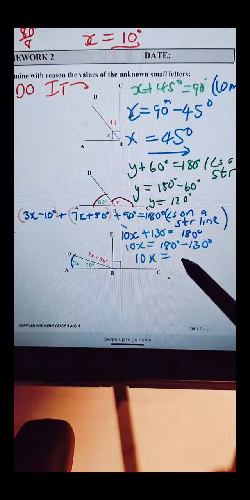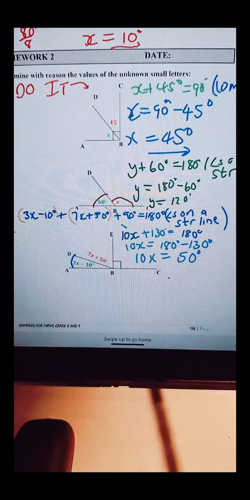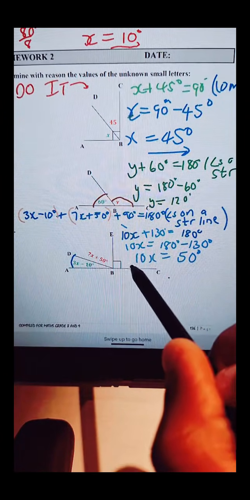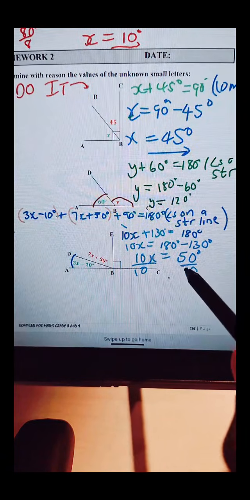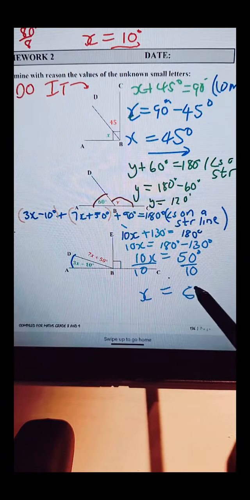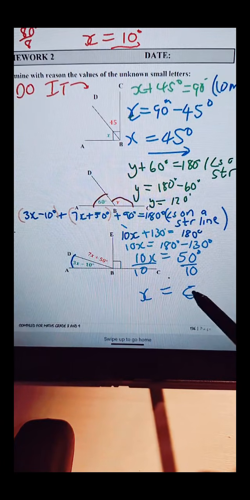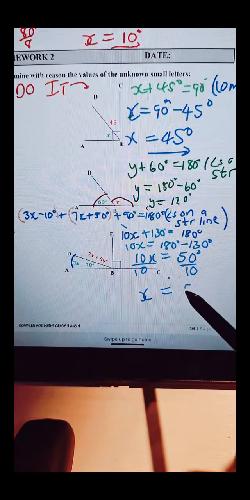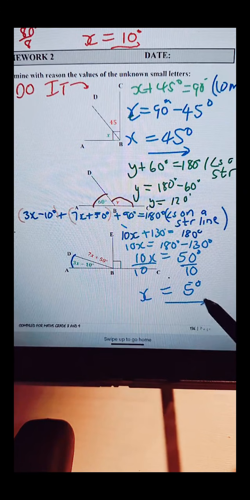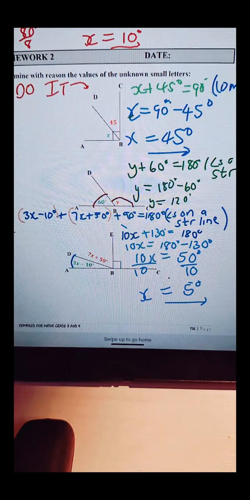Then you divide both sides by 10. x is equal to 5 degrees. Yes, Ndalo is on point. You know exactly what should be done: divide by 10 on both sides. You get x is equal to 5 degrees.